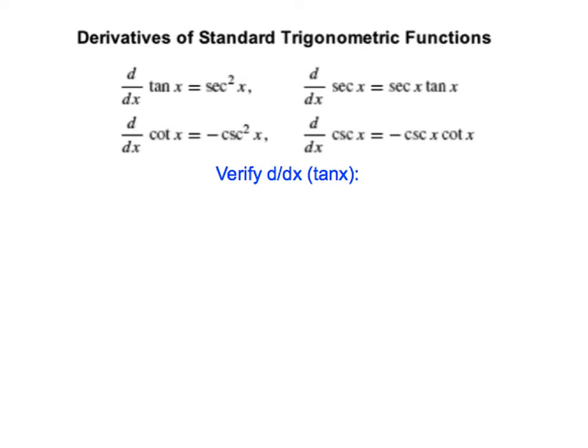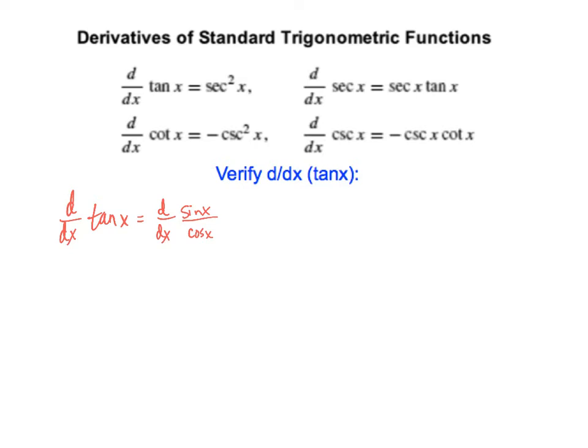In order to verify tangent x, we want to think of it as sine over cosine, and then we can use our quotient rule.